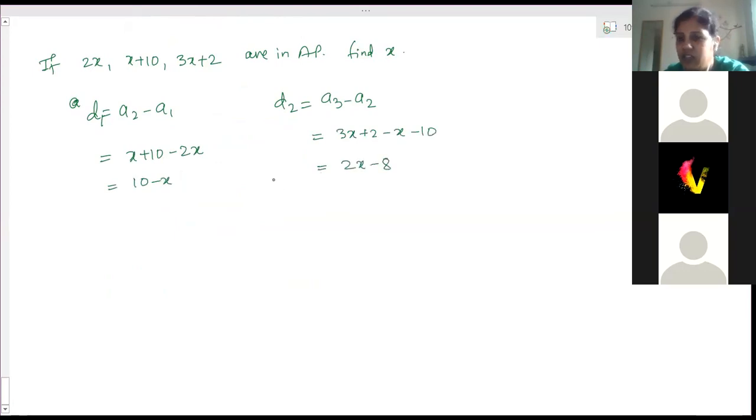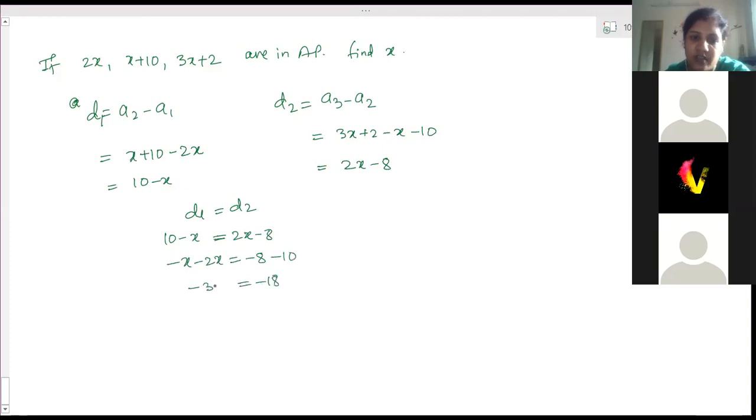Now these two differences are equal because the terms are in AP. d1 is equal to d2. 10 minus x is equal to 2x minus 8. So minus x minus 2x is equal to minus 8 minus 10. That is minus 18 is equal to minus 3x. The 3 cancels, minus cancels. x is equal to 18 by 3, that is 6.